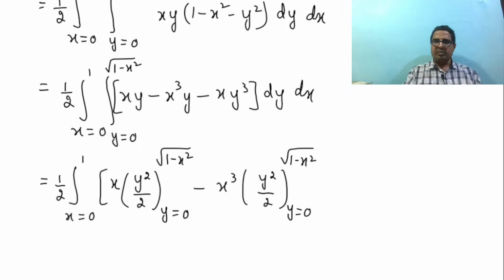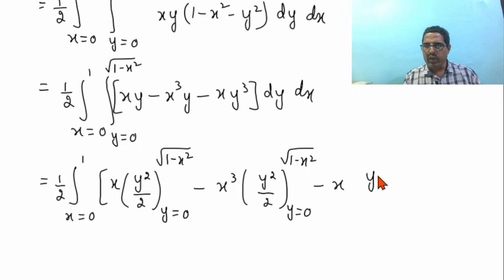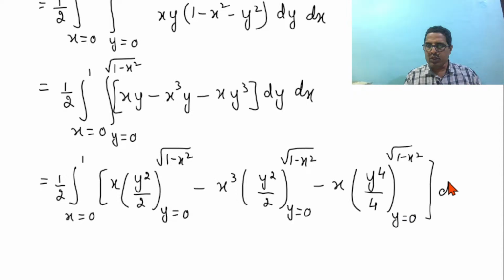Then further minus x as it is, y cube will become y power 4 by 4, with limit values y equals 0 to root of 1 minus x square. So all the limits have been applied here, times dx.